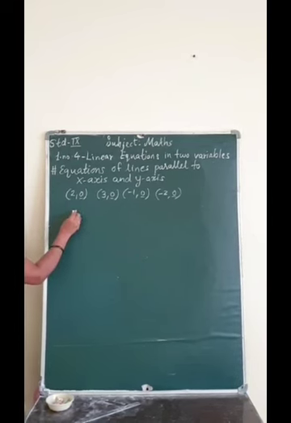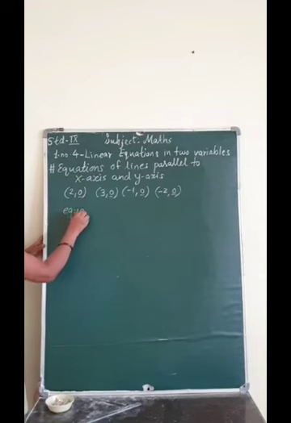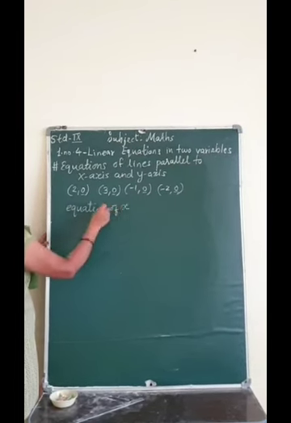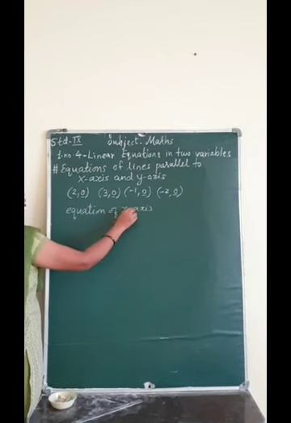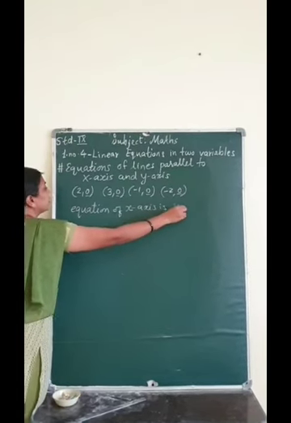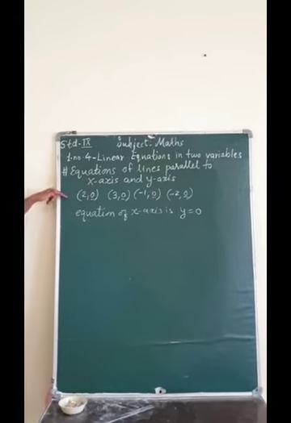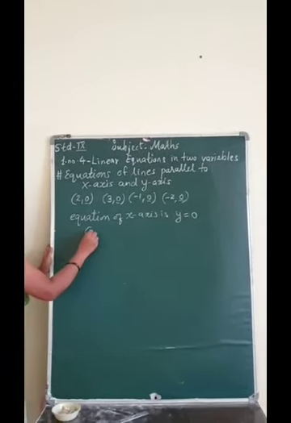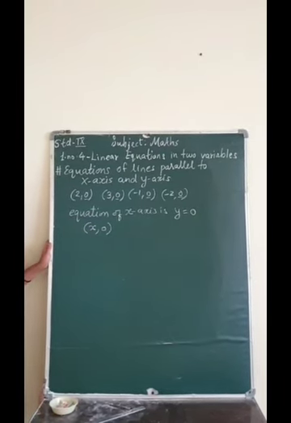So we can say that the equation of the x-axis in the Cartesian plane is y is equal to 0. So every point on the x-axis is written in the form (x, 0).